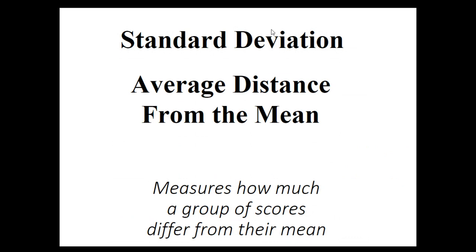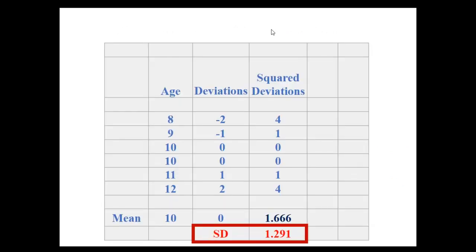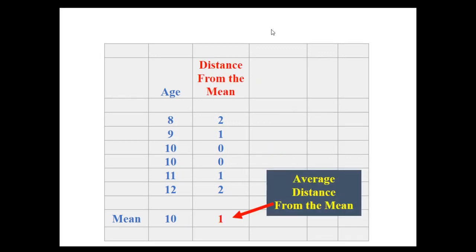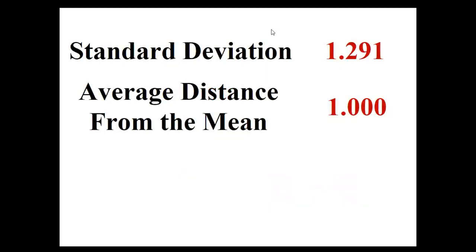Wouldn't you agree? So we'd expect the standard deviation and the average distance from the mean to be the same or at least close. So let's check and see. We just calculated that the standard deviation for these scores is 1.291. And a little earlier, using the same 6 scores, we found that the average distance from the mean is 1. So here they both are.